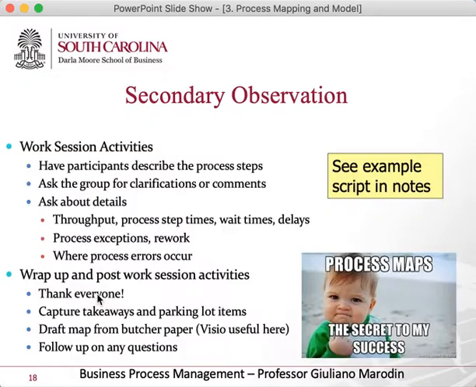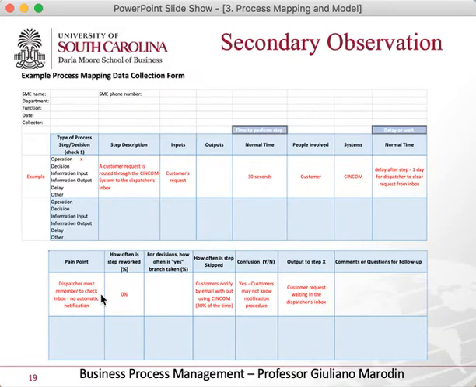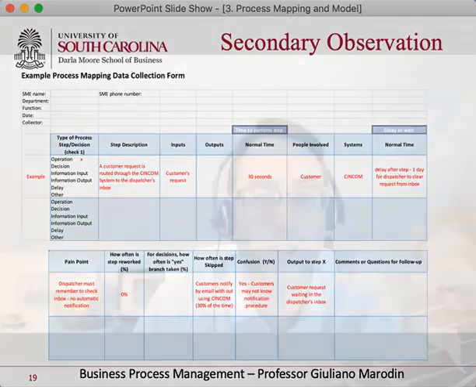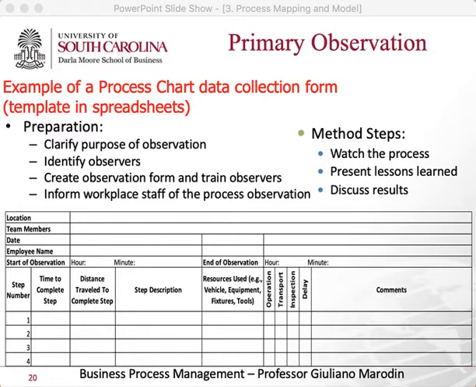So sometimes we create those forms so we're sure that we're collecting all the data, right? Is there confusion, skipped steps, rework? So we can collect the same amount of data and be sure that all interviews go through the same data, okay?